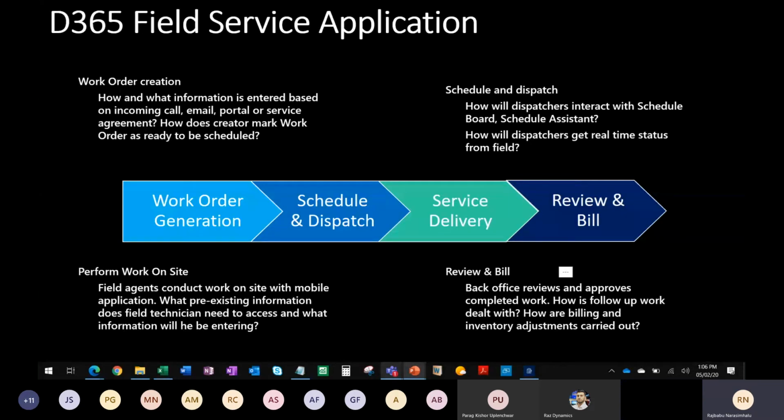A lot of things go under each of these buckets, and there are a lot of variations from company to company. Like I said, at a 30,000 foot level, it starts from work order, schedule, dispatch, service delivery, and finally it gets completed after the review and billing to the customer.